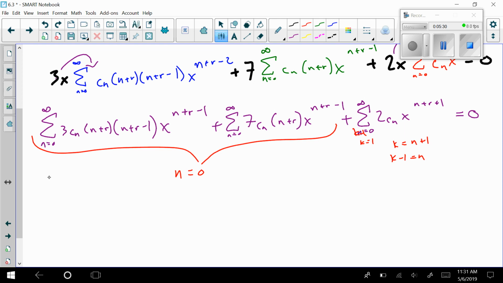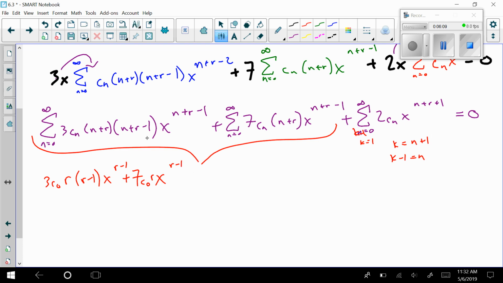Well, that'd be 3 c sub 0, then r, times r minus 1, and then x to the r minus 1. This one over here would be plus 7 c naught, then r, and then x to the r minus 1.